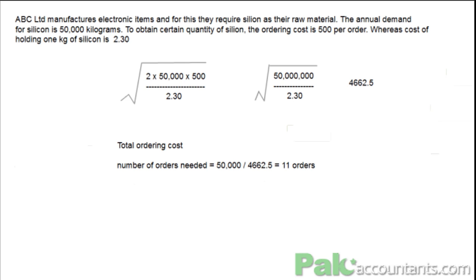But if we round it up, it will be 11 orders. We cannot have orders in decimals, isn't it? Now the cost for 11 orders will be how much? 11 multiplied by 500 gives you 5,500.